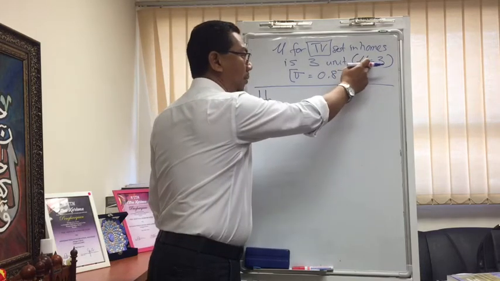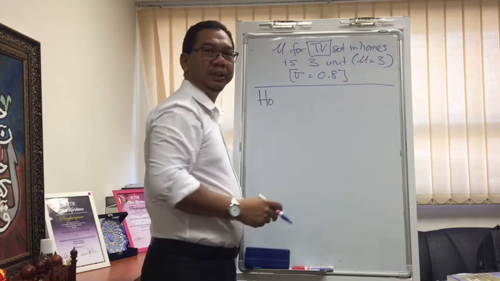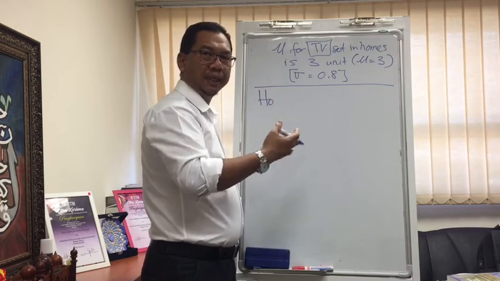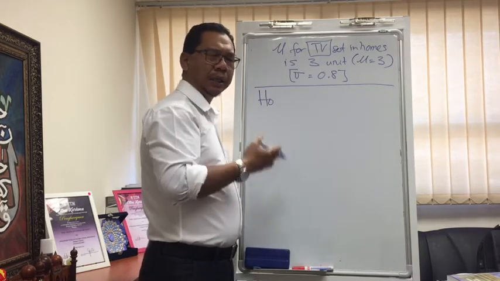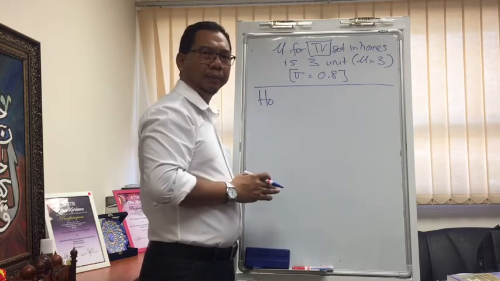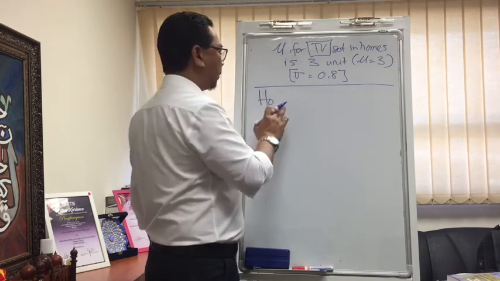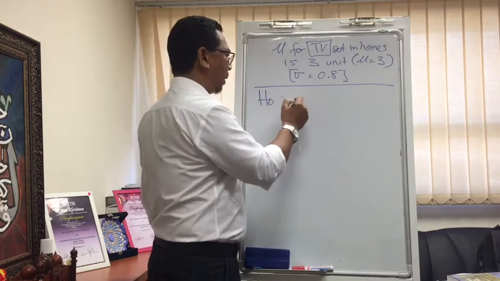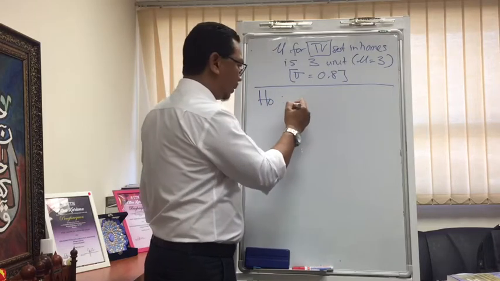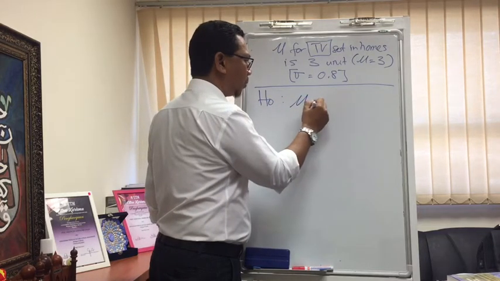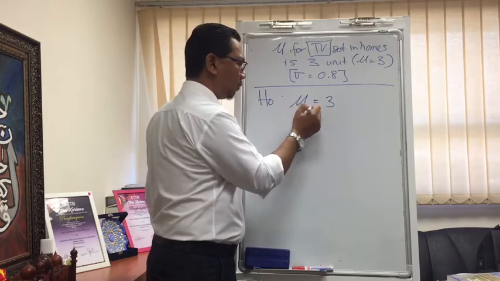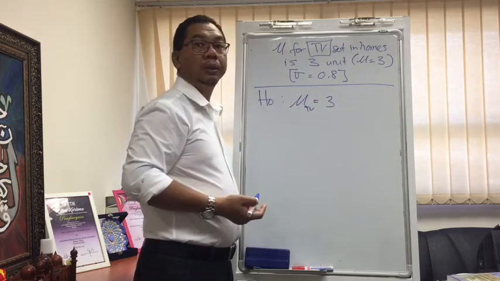So this mean equal to 3 is the historical value or status quo, the claim made by the government officers or the belief of that particular party. So the claim is the null hypothesis: mean of TV equal to 3.